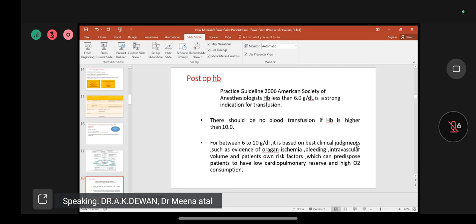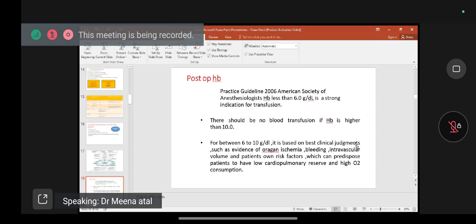Hemoglobin less than 6 gram per deciliter is a strong indication for transfusion. There should be no blood transfusion if hemoglobin is higher than 10 gram per deciliter. For between 6 to 10 gram per deciliter, it is based on clinical judgment, such as evidence of organ ischemia, bleeding, intravascular volume, and the patient's own risk factors, which can predispose the patient to have low cardiopulmonary reserve and high oxygen consumption.